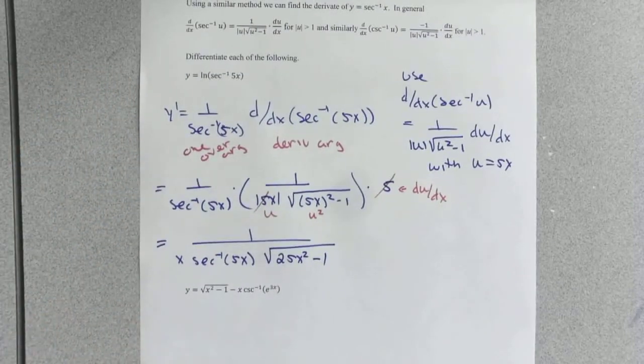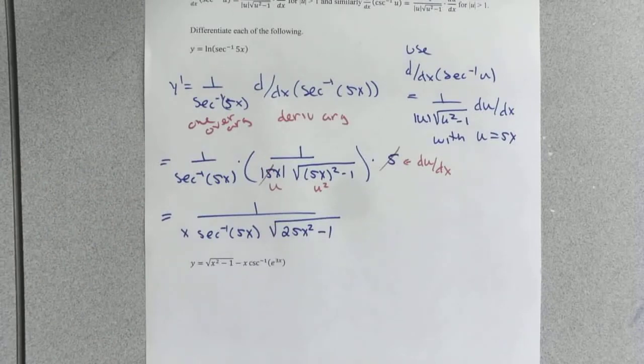And there's my derivative. And there's nothing else you can do, although someone out there is going to move that secant to the numerator. They're going to say, oh, that's secant to the negative 1. But it's not secant to the negative 1. It's inverse secant. And so you cannot treat that as an exponent because it's not an exponent.